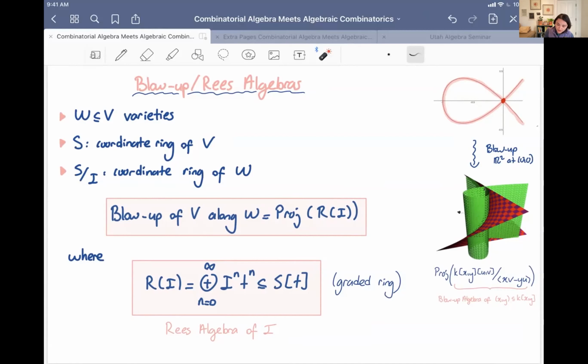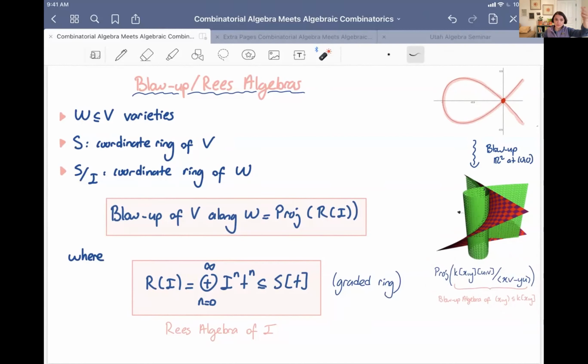So the blow up of R^2 at the origin corresponds to this object. R^2 is like this polynomial ring k[x,y], and we're blowing it up along the variety corresponding to (x,y). So the algebra we see here is the Rees algebra of the ideal (x,y), actually. This is just one example.